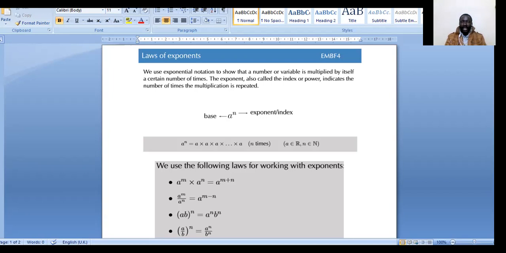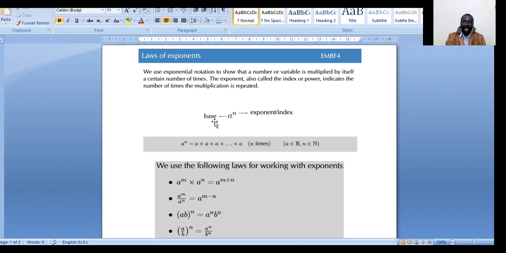For example, when you look at a raised to power n, or a with exponent n, this means a is multiplying itself n number of times. That is the definition.